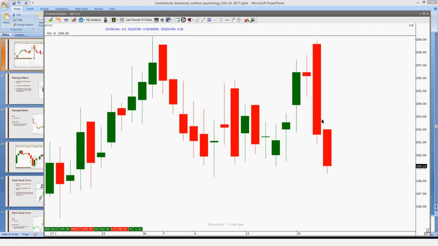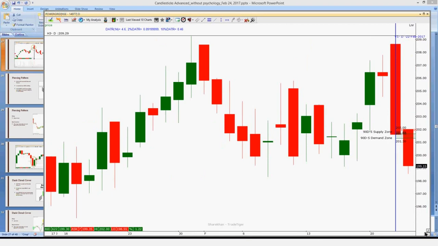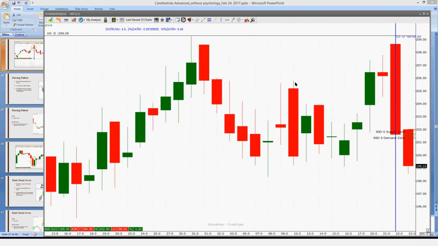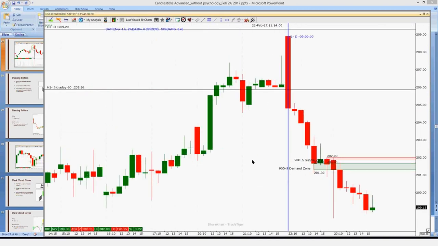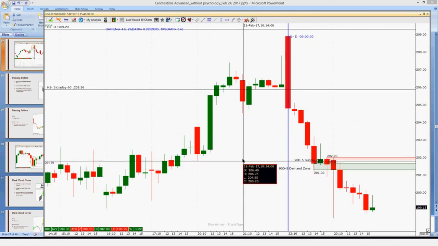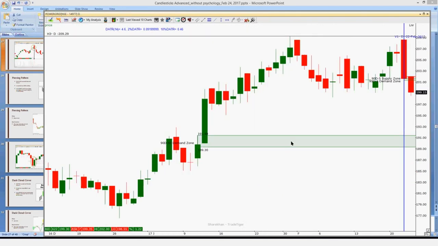Okay, so let's check what happened. Now this happened on the daily chart. So I'll straight away go on to the 60-minute chart first. So on the 60-minute, this drop is there, but at the same time it happened on daily after consolidation.